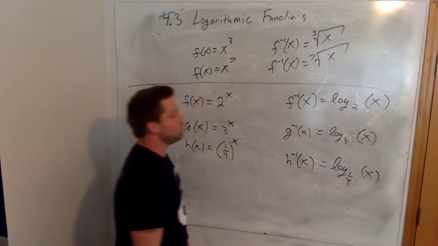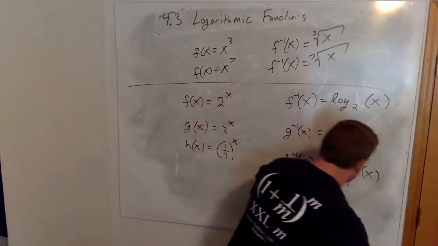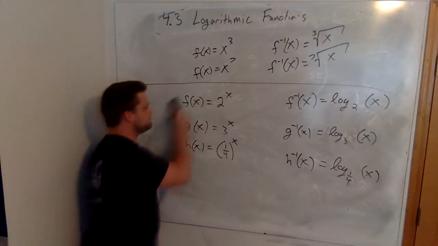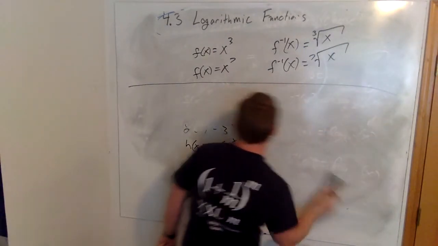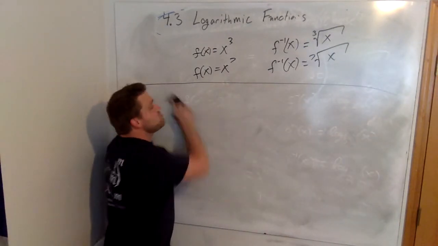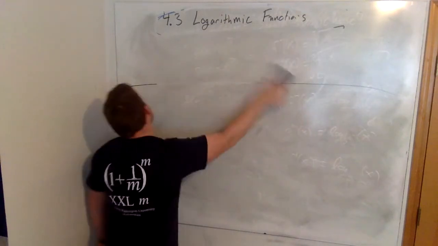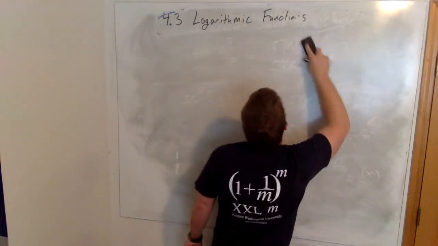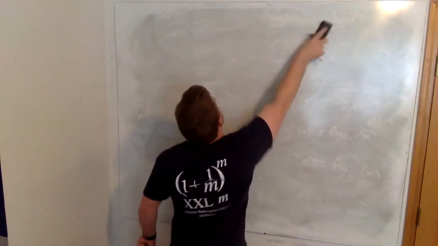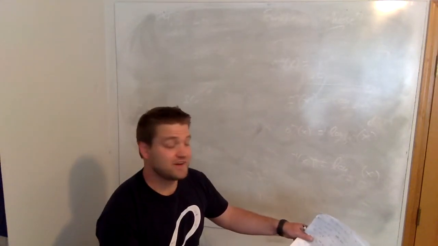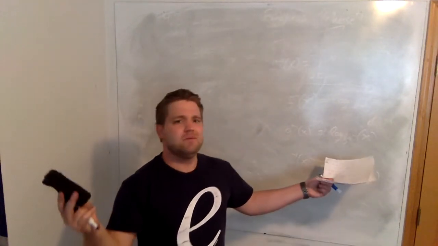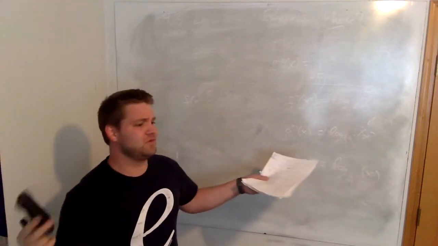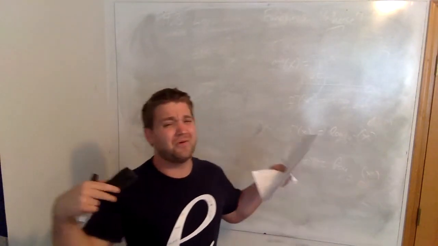Okay, so let's talk about the notation more in general. I'm going to erase a little bit of what we have here. These are called logarithmic functions. They're just inverses of exponentials. So if you're ever walking down the street, and someone hops out at you and says, oh man, these logarithms, these functions, these logs, I just don't understand them.